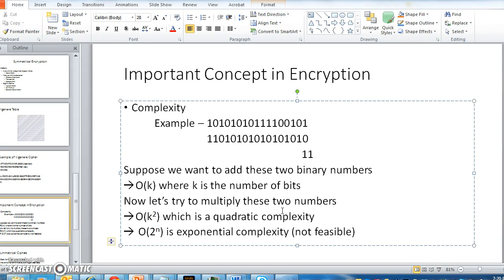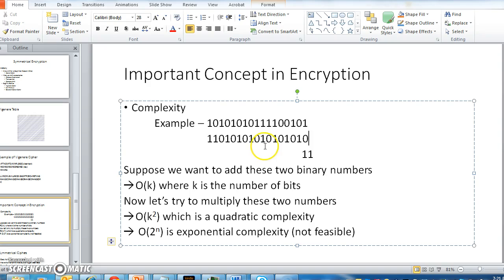But what if we have to multiply these two numbers? If we need to multiply these two binary numbers, it gets very complicated. You have to take a 0, just like you would with a regular multiplication. 0 times 1, 0 times 0, 0 times 1, 0 times 0, 0 times 0, 0 times 1, 0. And of course you're going to get 0 because 0 times anything is 0.